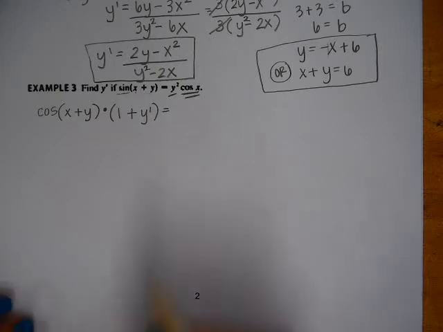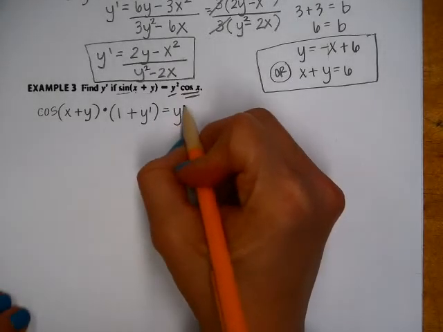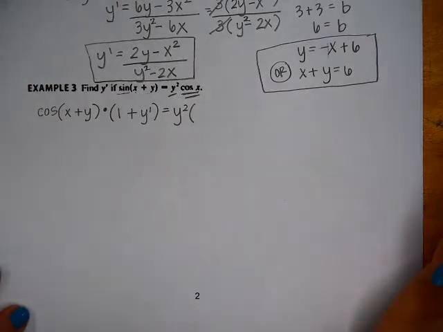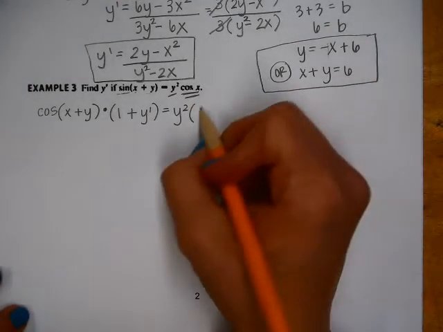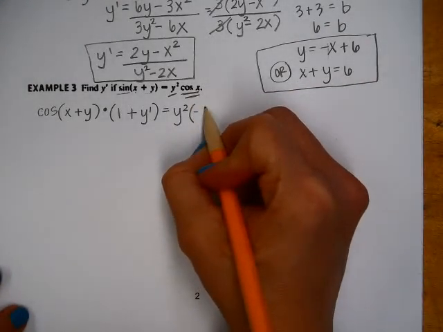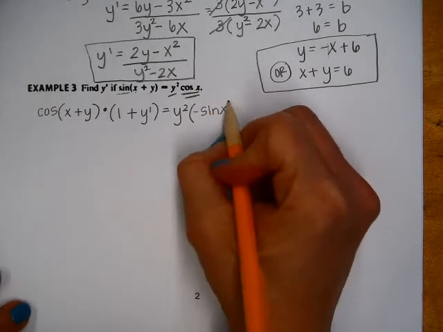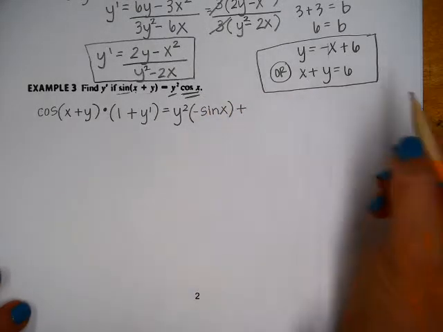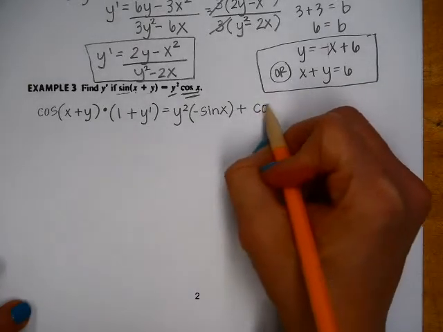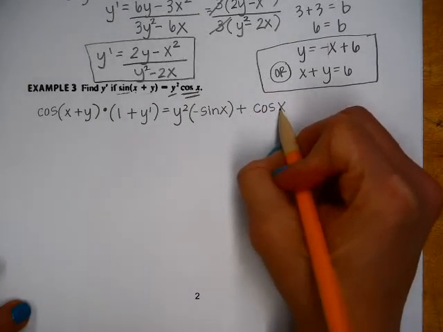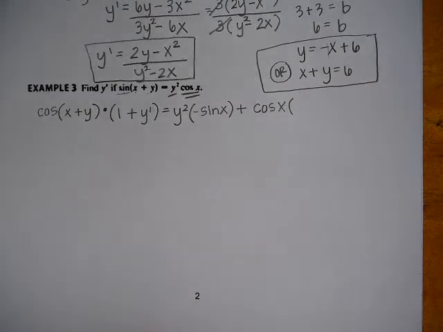okay? So first, which is y squared, times the derivative of the second. The derivative of cosine x is negative sine x, plus the second as is, which is cosine x, times the derivative of the first.